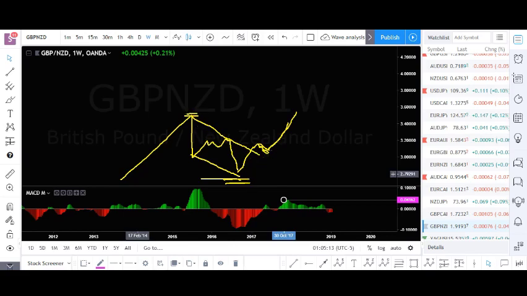Once this happens and it starts to go, you will move your stop loss to break even or just above where you took the trade, just to maybe cover your commission and your swap costs.